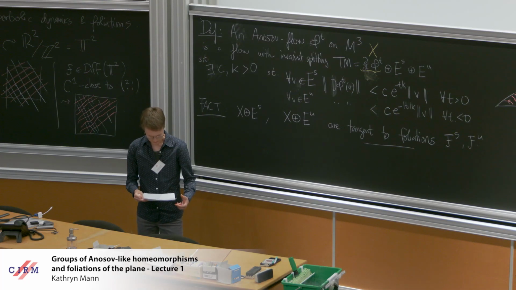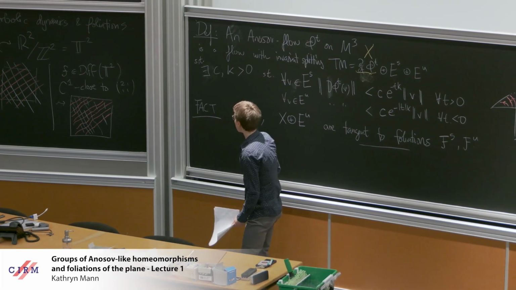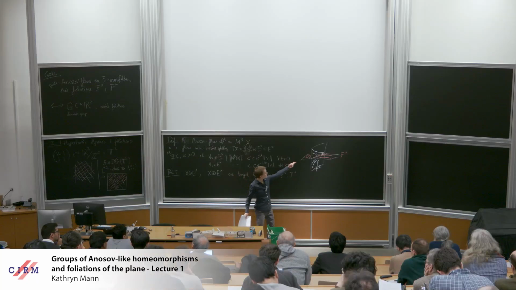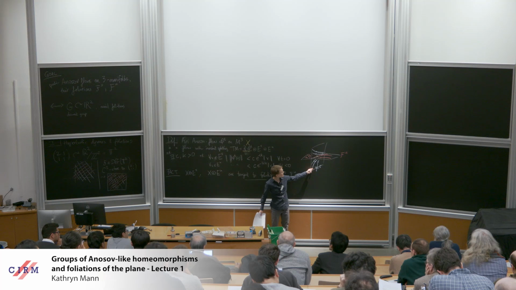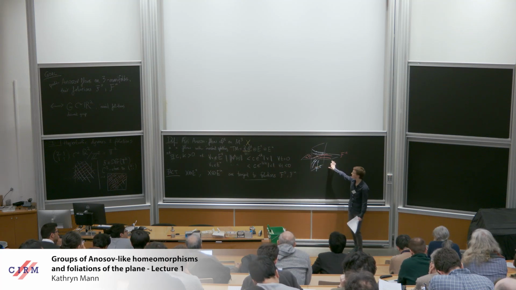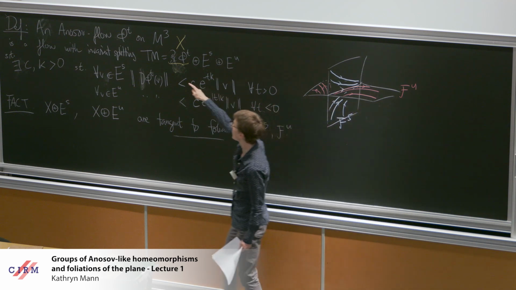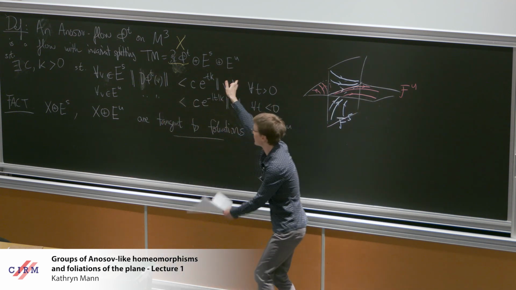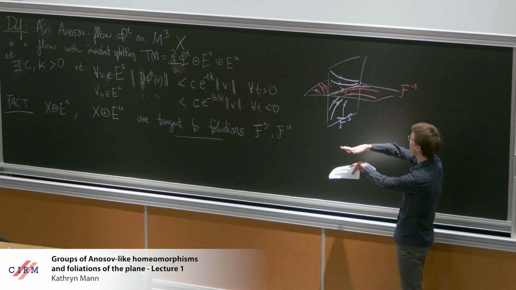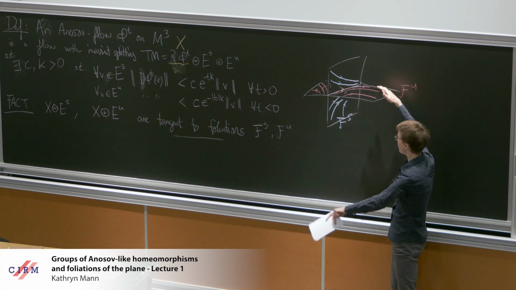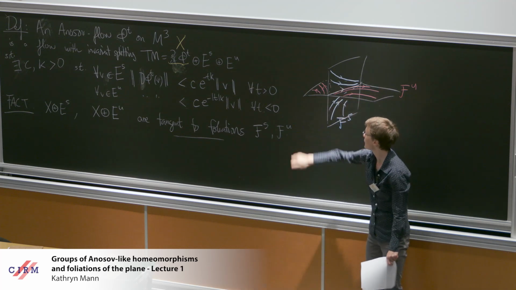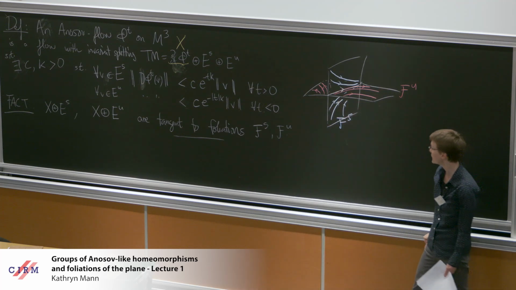Other remarks? Similarly to my hand-wavy picture over here, this picture of two transverse two-dimensional foliations for an Anosov flow is also stable under perturbation. If I take another flow that is C1 close to this one, and I look at my foliations, they will give me a nearby, in fact a conjugate, picture of two transverse foliations on my three-manifold.